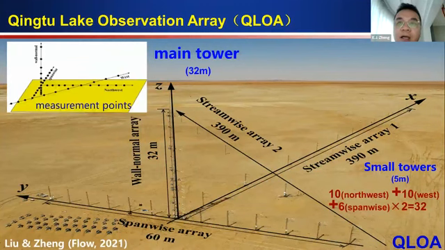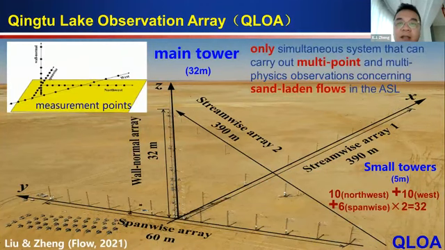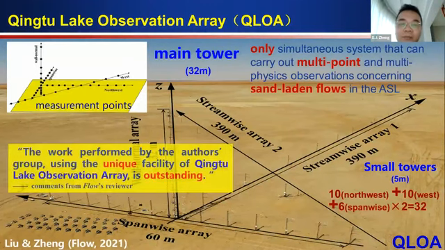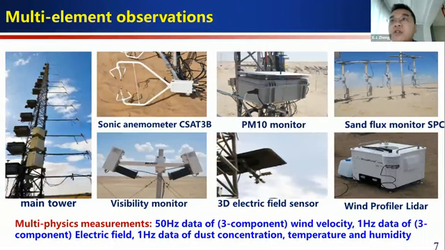Till now, it has been the only system that can carry out simultaneous multi-point and multi-physics observations concerning sand-laden flows in the ASL. Here shows the observation instruments installed at the site, including ultrasonic anemometers, dust concentration meters, etc.